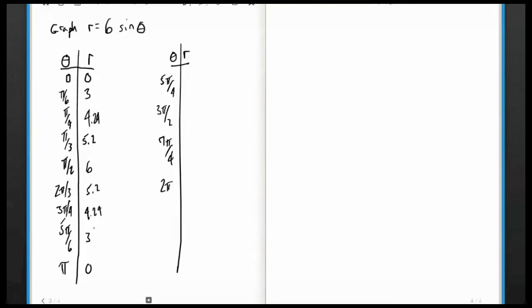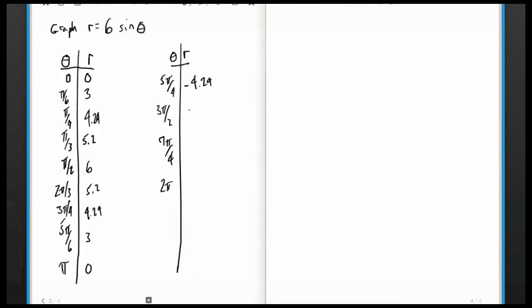Okay, and then now when we get in the bottom half of the unit circle, this is kind of the pi by 4 family, so this will be negative. So this is 5 pi by 4, so it's kind of over on the left on the bottom half, so we're expecting a negative y value, but it's in this family, so it's going to be negative 4.24.